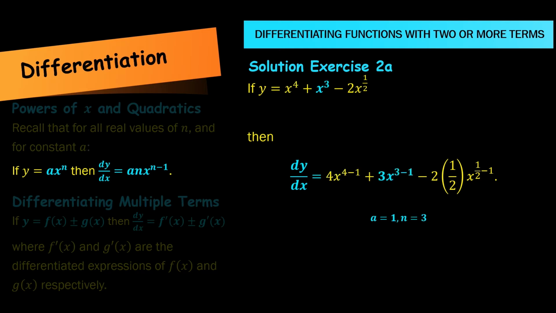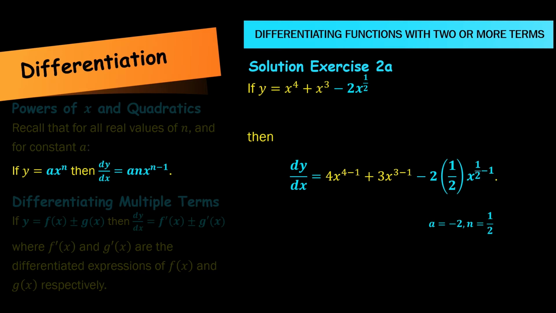For the term x cubed, we have a equals 1 and n equals 3, and hence dy dx equals 3 times x to the 3 minus 1. And finally, for the term minus 2x to the power a half, a is equal to minus 2 and n is equal to a half.